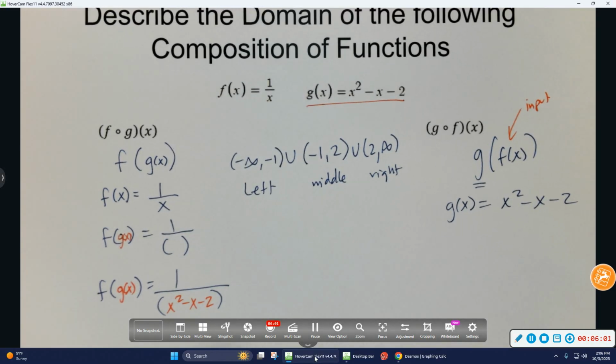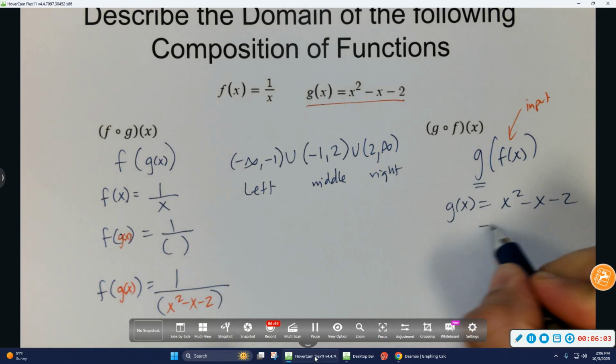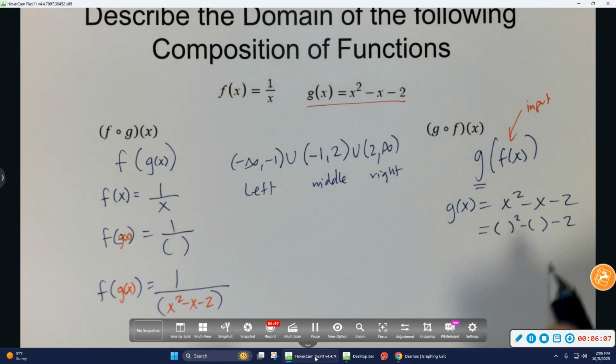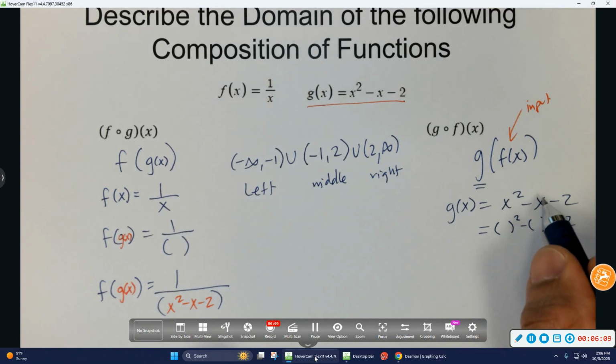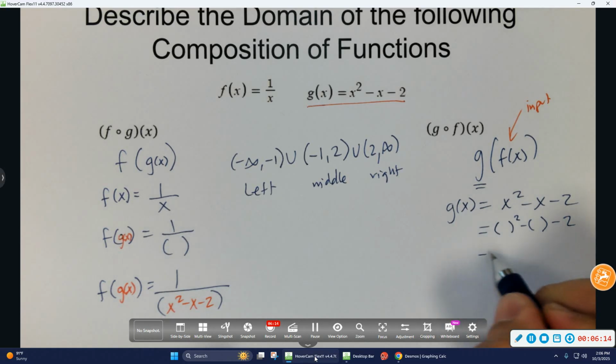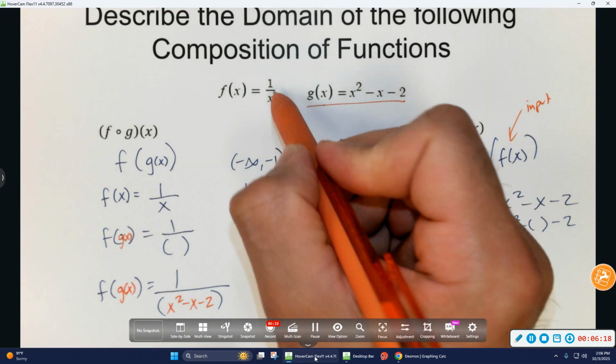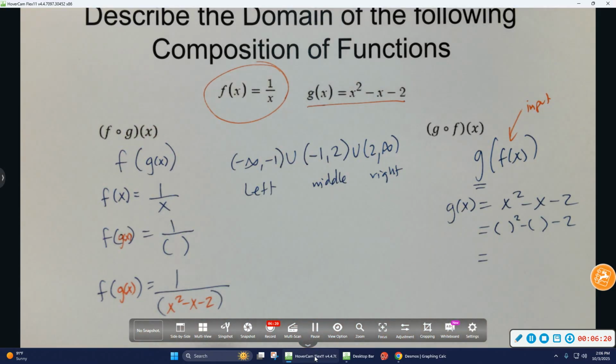So what I do is now that I have identified that the input is going to be f, I can replace the input with a parentheses, right? The x values are my input. So now I'm going to put in there the entire f of x function, which is this one. That's going to go inside of g as the input.